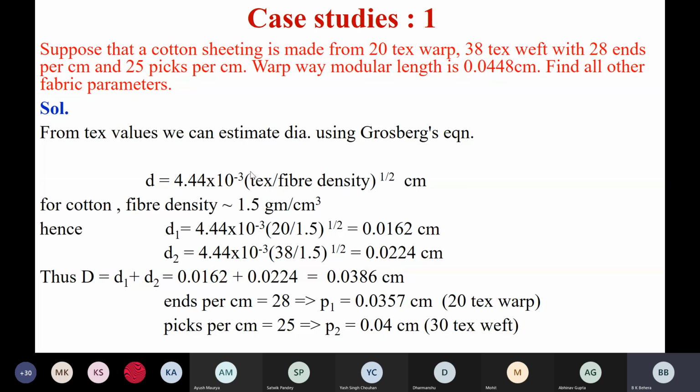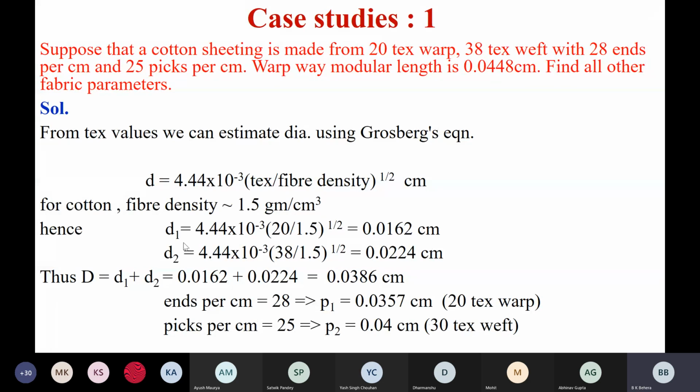You need to know tex of yarn and density of the fiber, and this relationship has been derived for a yarn whose packing density is known, and 0.65 is assumed here. Cotton fiber density is 1.5. If it is cotton fiber written in the numerical problem, you can straight away take this value. Otherwise, if it is some unknown fiber, then fiber density will be given in the numerical question itself. So using this, you find D1 for warp, D2 for weft.